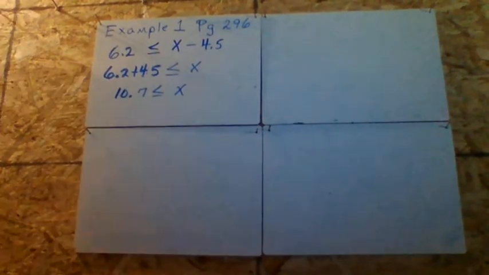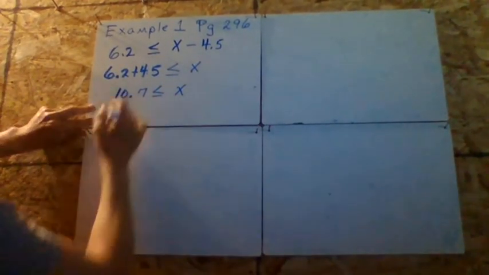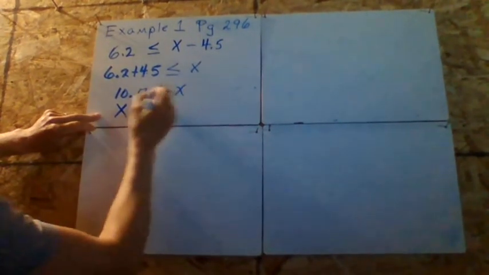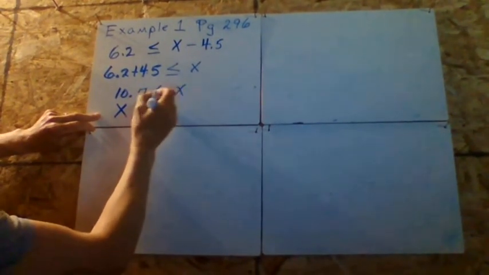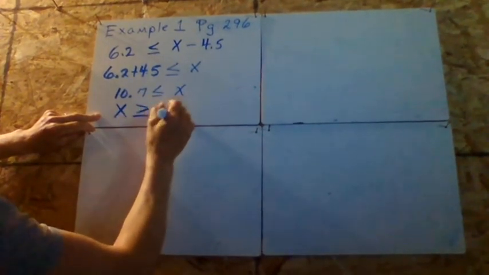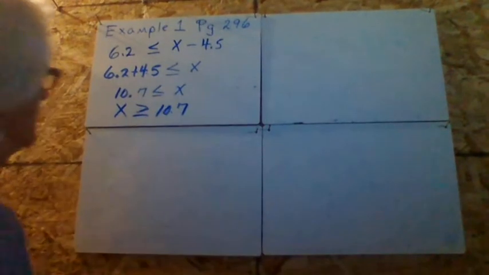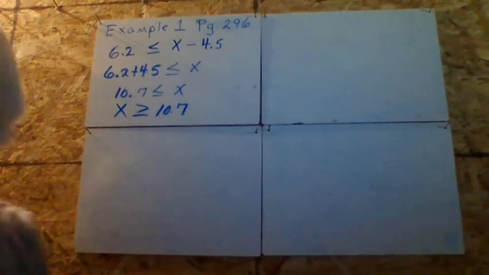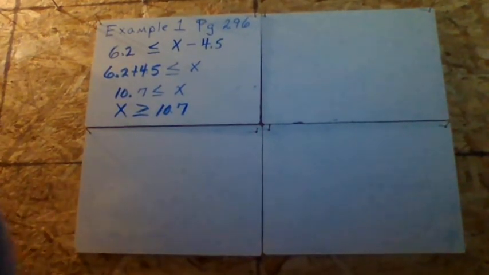Or the way I like to write them, you can do it either way. I like having my variable in the beginning. Now I just look at the sign, it's pointing away from my variable here, so I need it away here, and the 10.7. So there it is. X is greater than or equal to 10.7. So I've solved it, the first portion they asked me to do.